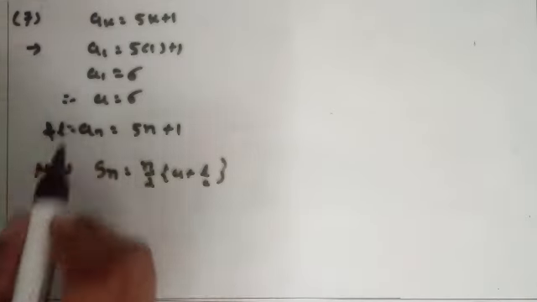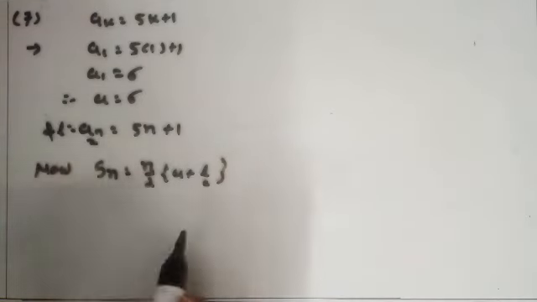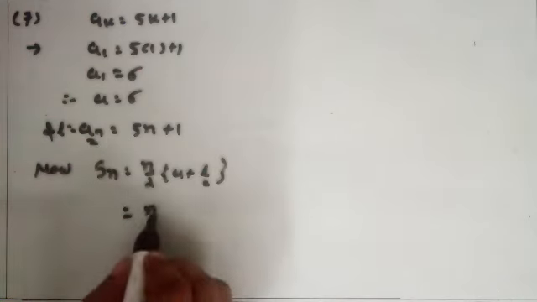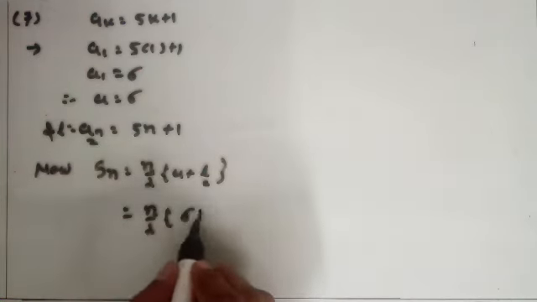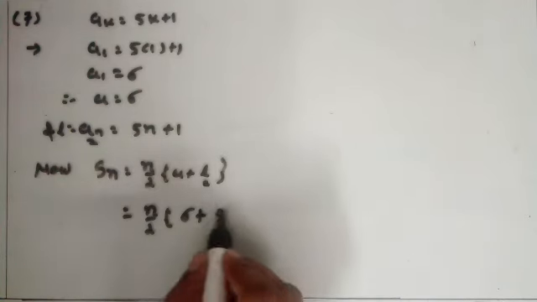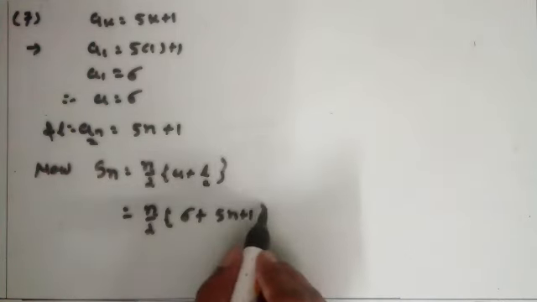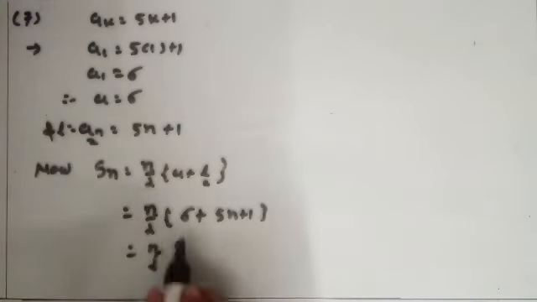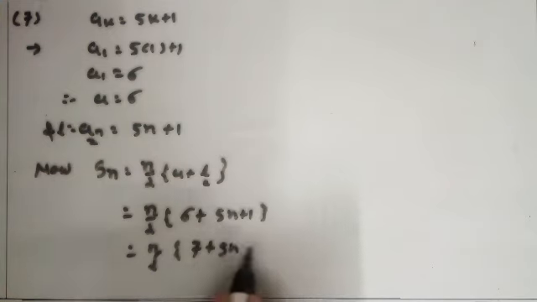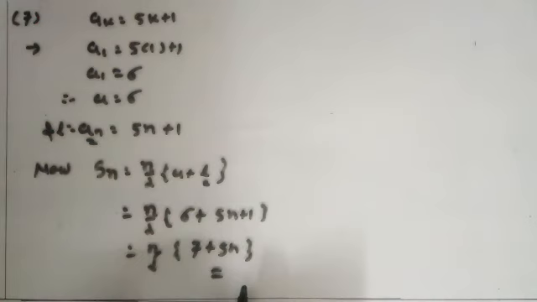Here take L as the nth term. So it is equal to n by 2 into, here A is equal to 6, plus 5n plus 1. Simplify this: 6 plus 1, that is 7, plus 5n. So the sum of n terms is equal to n by 2 into 7 plus 5n.